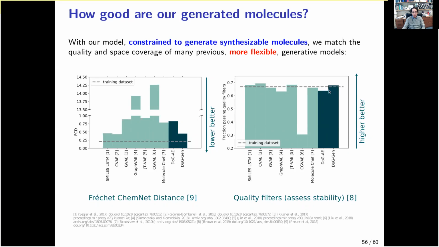We see that again, we are able to generate molecules with similar metrics as those of previous baselines that are actually more flexible because they are not restricted to generate molecules that are synthesizable. So this is quite interesting that even though we have a more constrained model, we can generate molecules with a similar quality as other techniques.